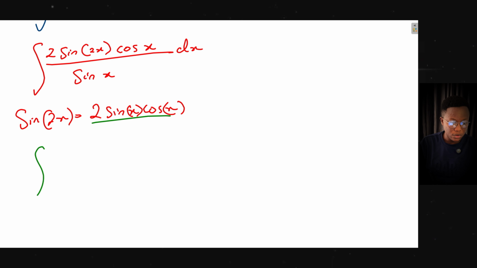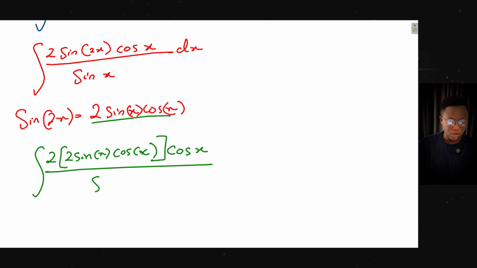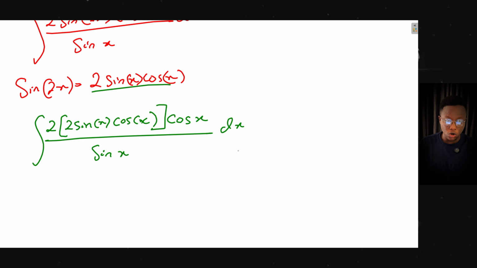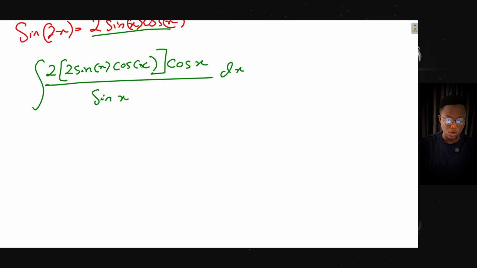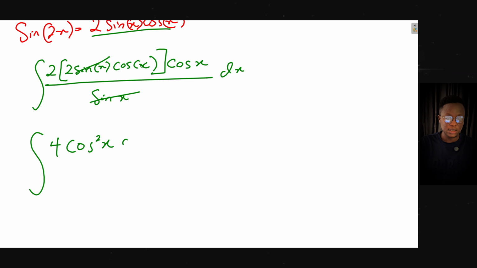So we will have 2 into 2 sine x cos x cos x all over sine x dx, which ultimately gives us, of course, since it's all multiplication, sine x can cancel out sine x, and we're left with 4 cos square x dx.